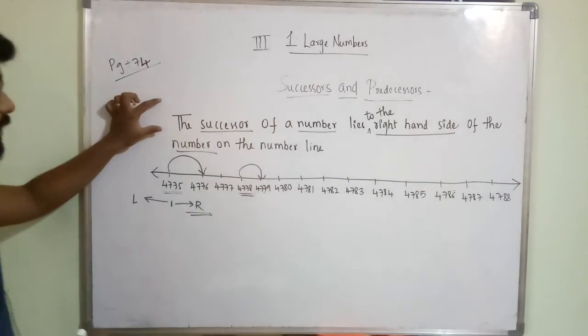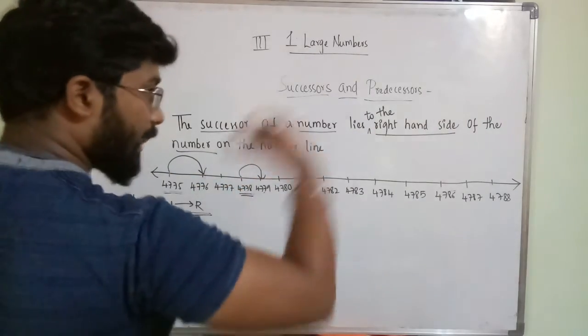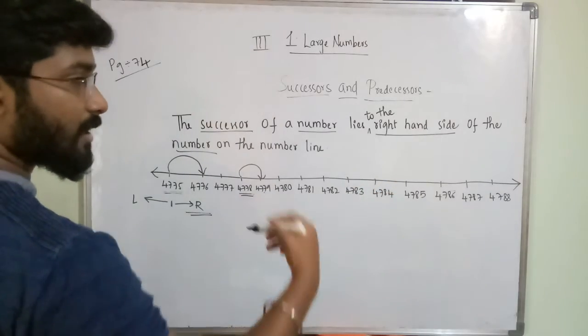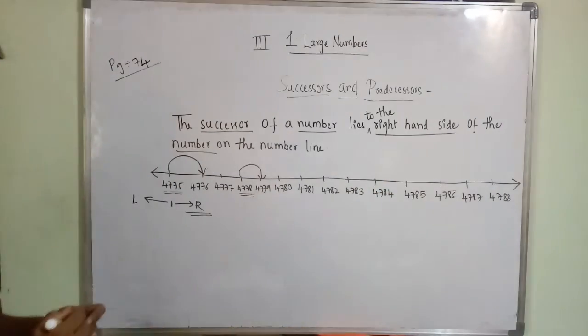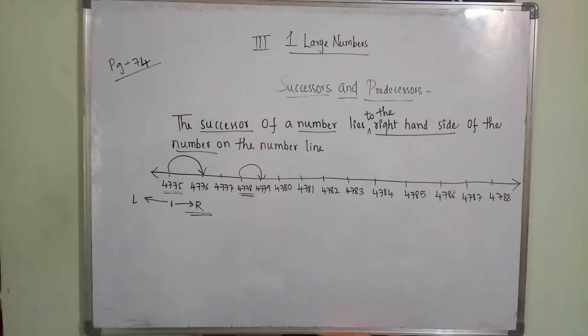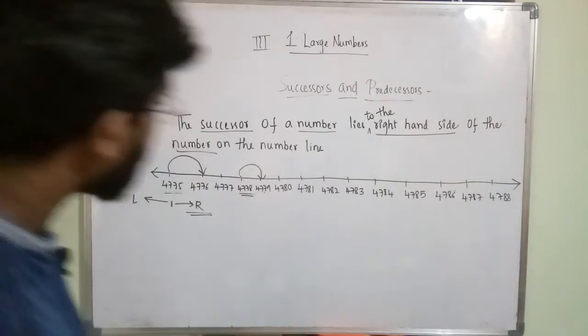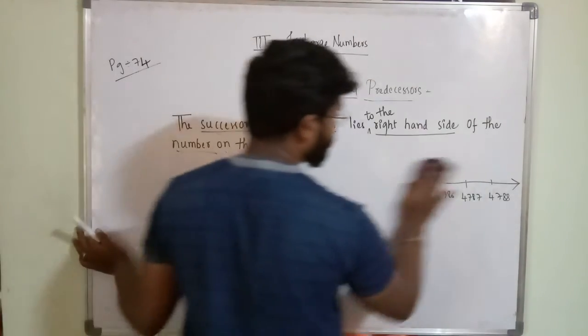So that's what he is telling: the successor of a number lies to the right hand side of the number on the number line. He is telling that only in the number line. Okay. So that one is the representation on a number line. Clear?